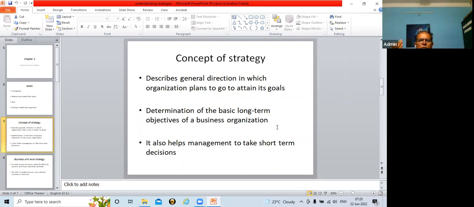Now, to provide quality material to their customers is a long process, because the taste of the customer, the liking of the customer, always changes. Is it so? Or does the taste remain the same?